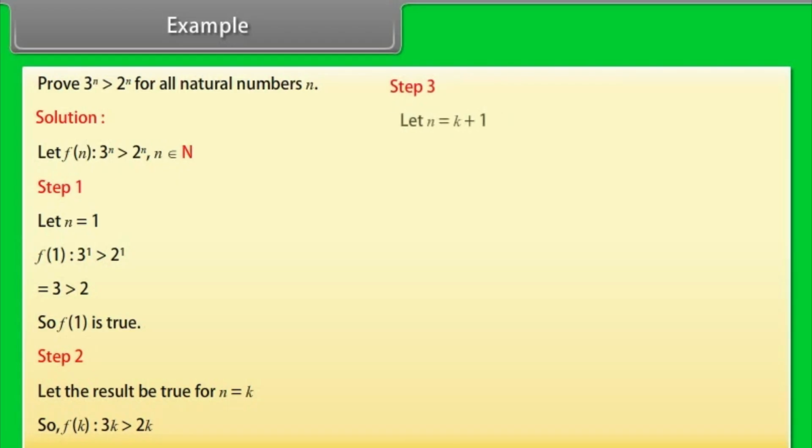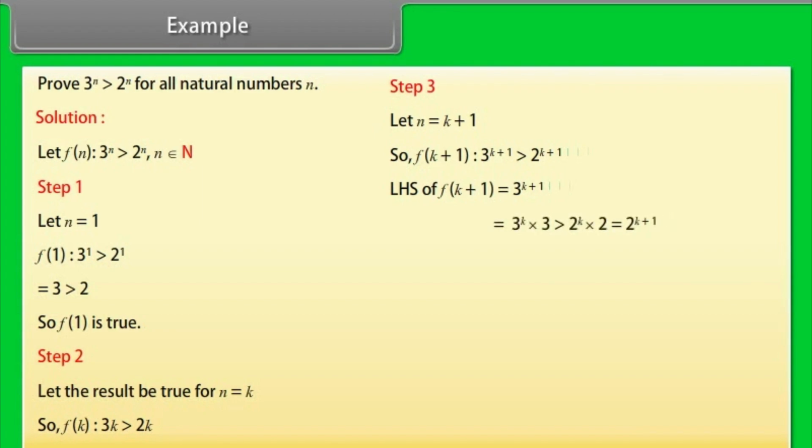Step 3. Let n = k + 1. So, f(k+1): 3^(k+1) > 2^(k+1). LHS of f(k+1) = 3^(k+1) = 3^k × 3 is greater than 2^k × 2, that is, 2^(k+1) = RHS of f(k+1).